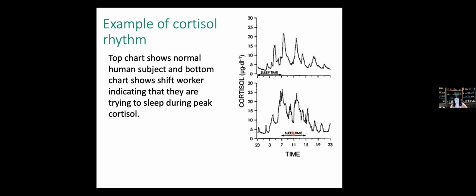Well, sadly, because this is a circadian rhythm, it's not dependent on light and dark. The cortisol levels are still going to be high, and it really makes it difficult to sleep. If you know about shift workers, you know they have a hard time sleeping during the daytime because their cortisol levels are actually high.